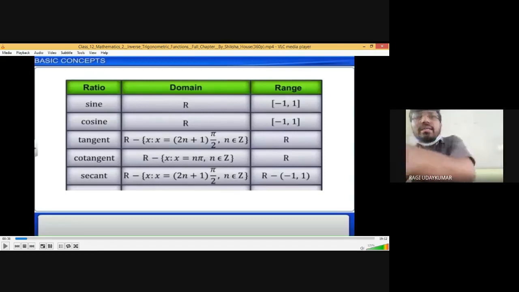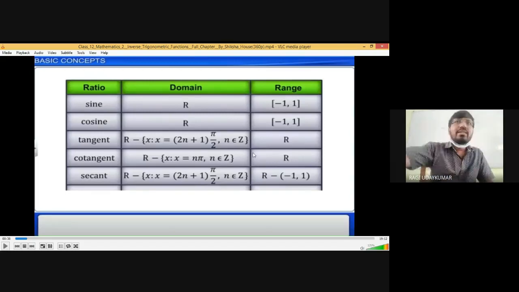Whenever you take that positive x-axis and negative y-axis, whenever the rotated angle is at those places, then tan is not defined, and the range is real numbers only.